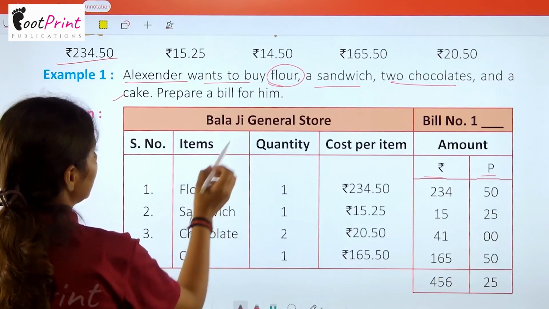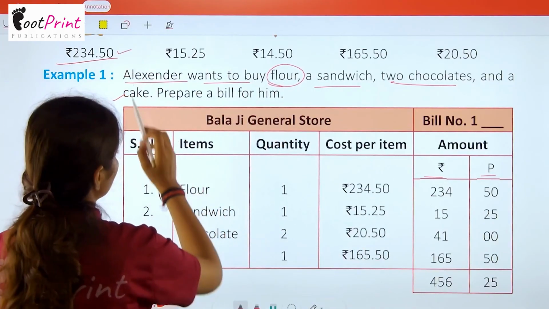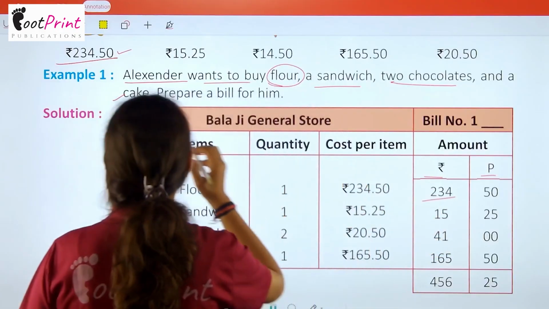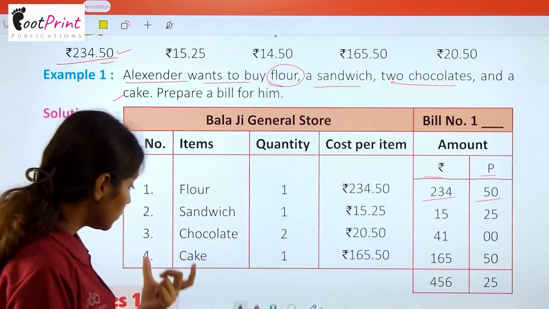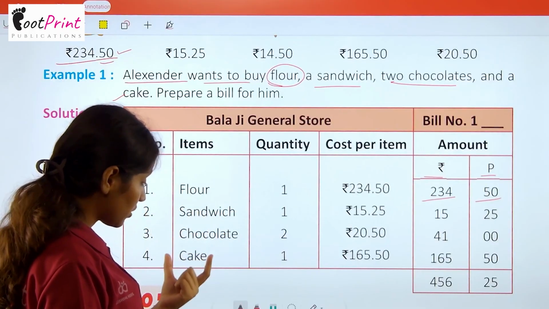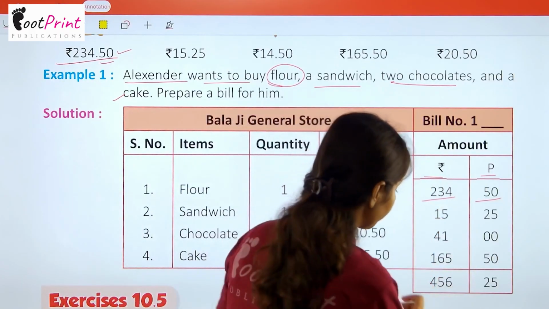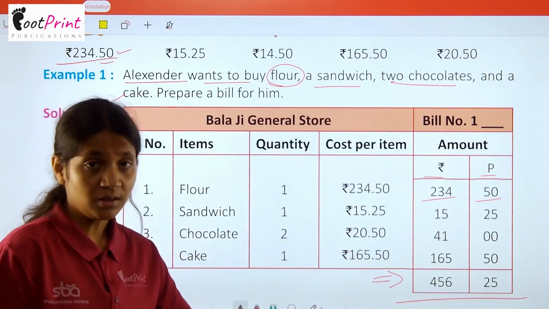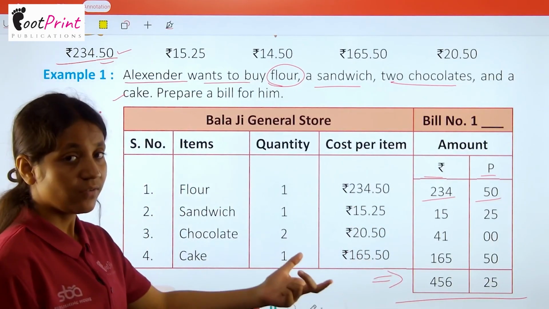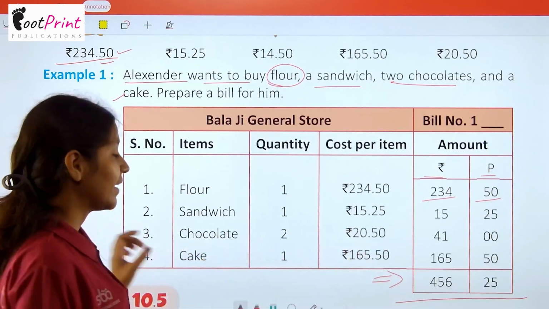So firstly he wants to buy flour. Flour costs 234. So we are writing 234 at the rupee place and 50 paise. So we are writing here 50. In a similar manner, you will do the rest of the parts, sandwich, chocolate, cake, and then you will add all the costs to get the final bill and the final answer.